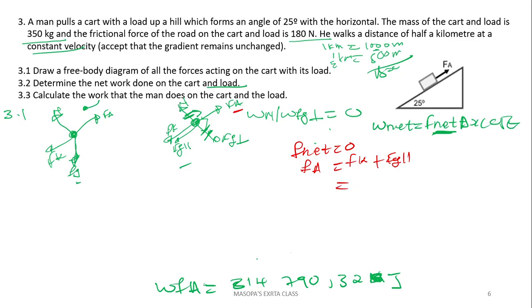So it does mean that you can easily get the force applied there, meaning that your friction, you know, is 180, plus here we know you're going to resolve it by saying mg sine of theta.